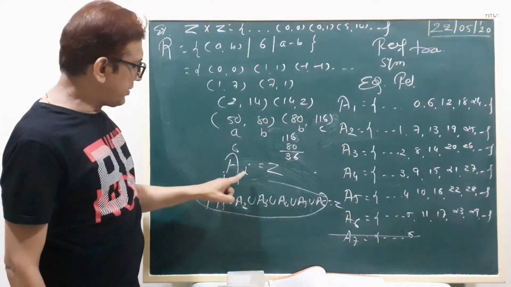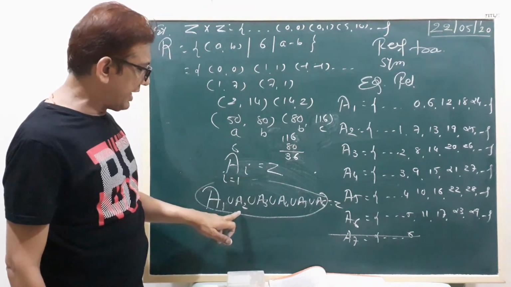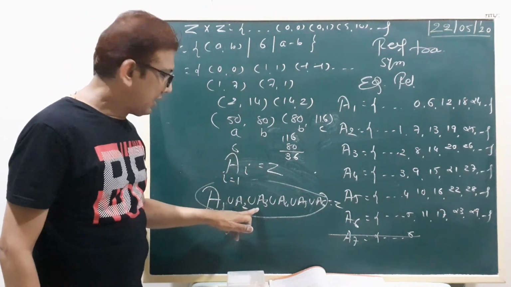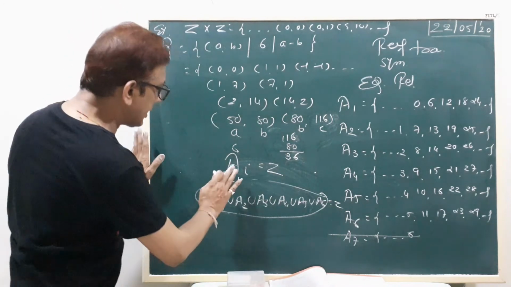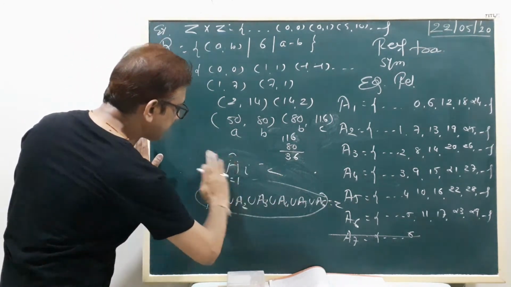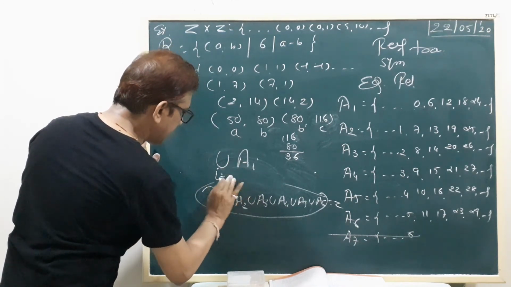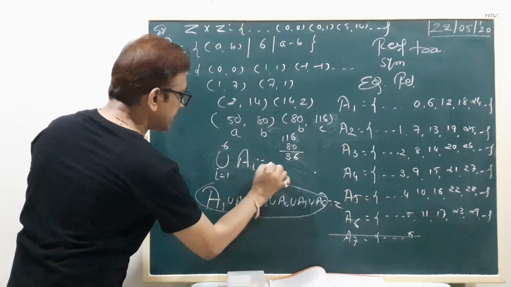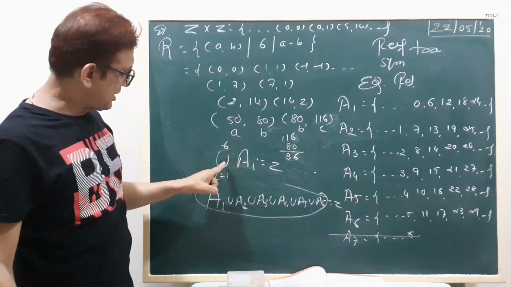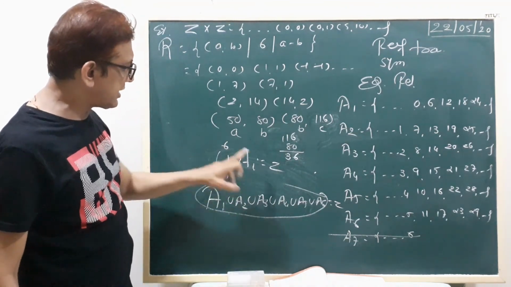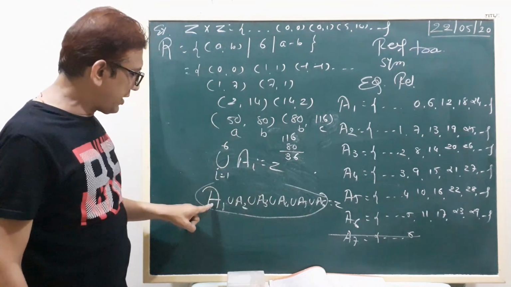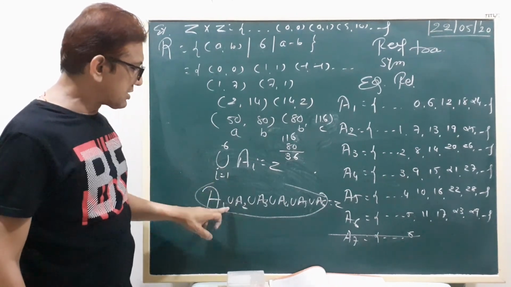Put here I equal to 1, so A1. Put I equal to 2, A2. Put I equal to 3, A3. And this symbol is union. Union of AI, another method: union of AI, where I equal to 1 to 6 equals Z. Put I equal to 1, I equal to 2, and union is the symbol.